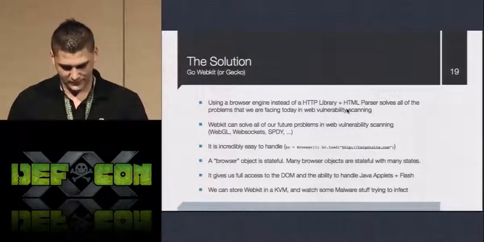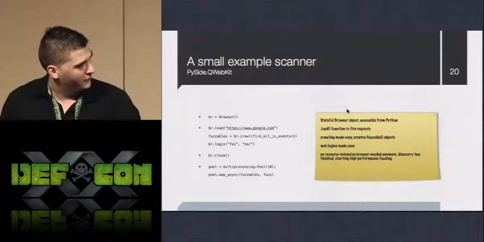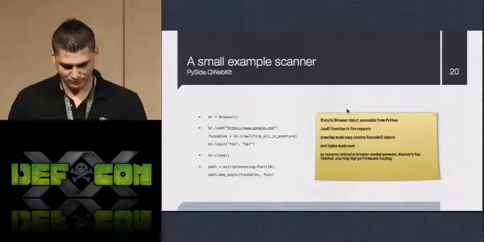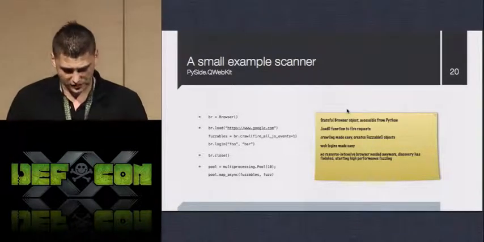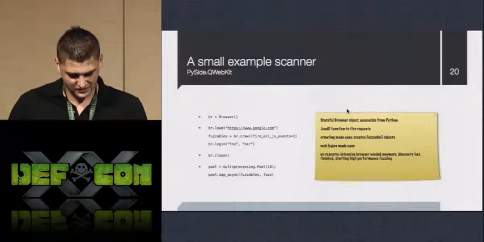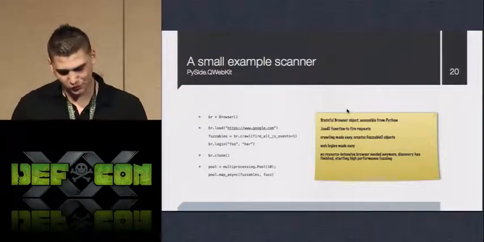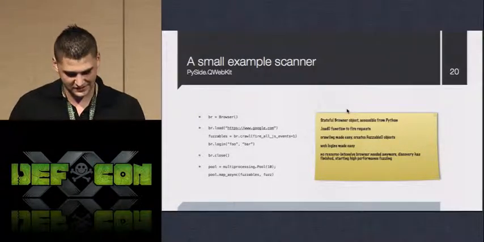And so I actually put a little example scanner into those slides. It's just Python. The code simply shows Python spawning a browser instance, loading google.com, crawling google.com, logging into google.com, killing the browser instance again, and starting with fuzzing.